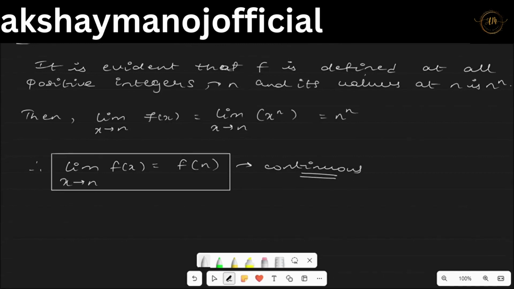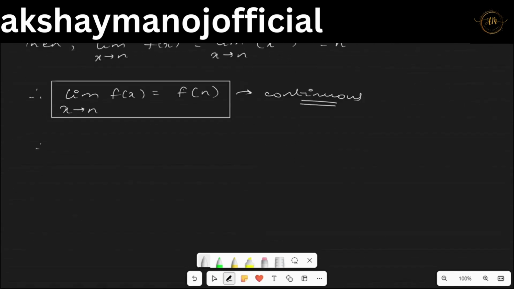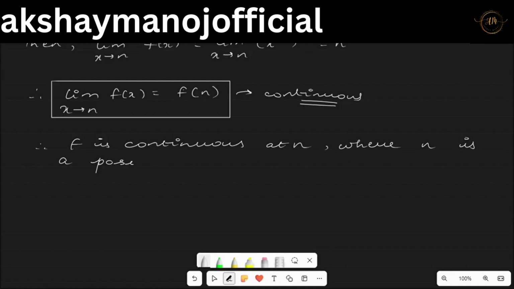Okay, so therefore f is continuous at n, where n is a positive integer.